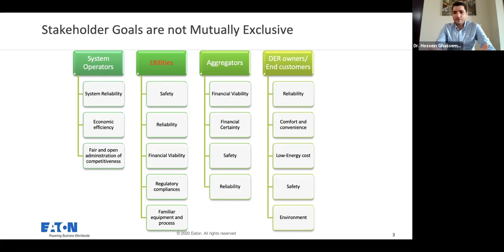All the players in this domain have their own goals and priorities, and those are not necessarily mutually exclusive. For example, utilities want to sell more energy at night when they have a light load, but customers or aggregators want to decrease the amount of energy cost. That's how this environment works.